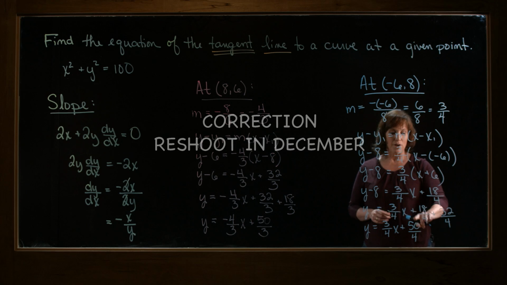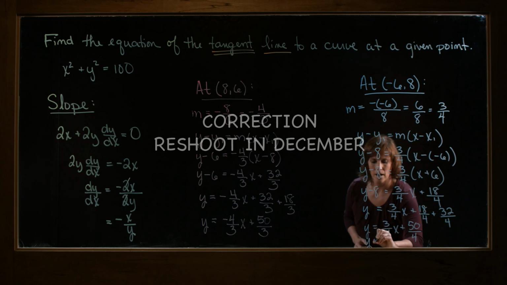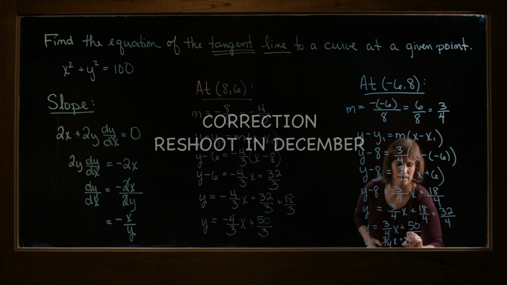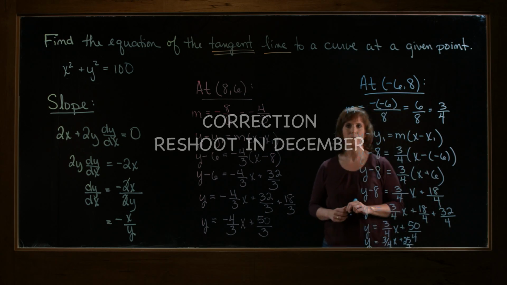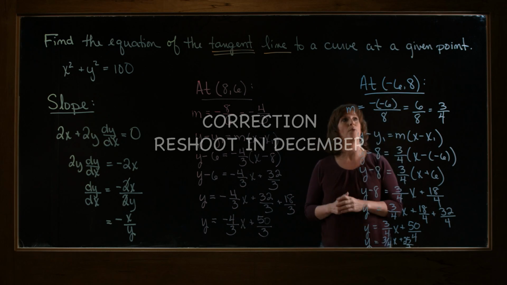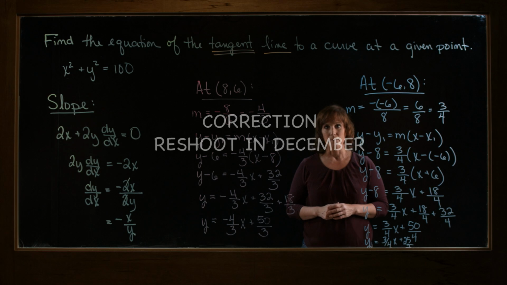Now, one thing I should note is that 50 over 4 can also be reduced to 3/4 x plus 25 halves. So now I have the equation of the tangent line going through the point (-6, 8).